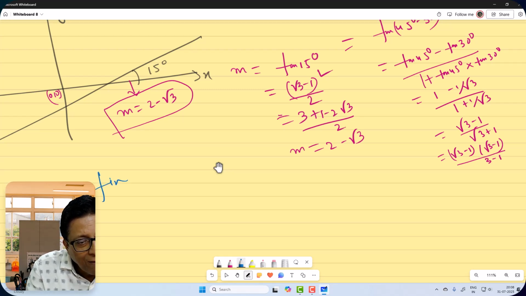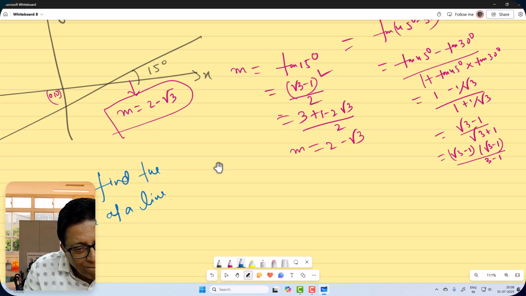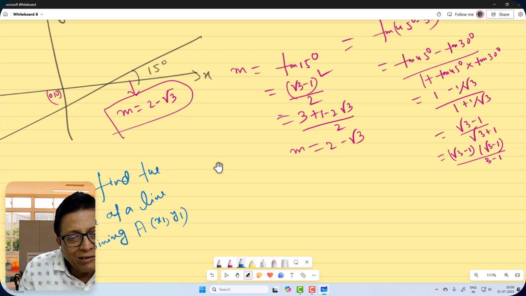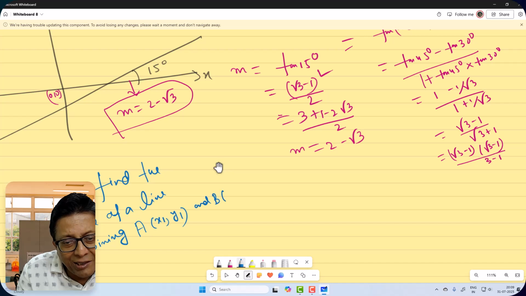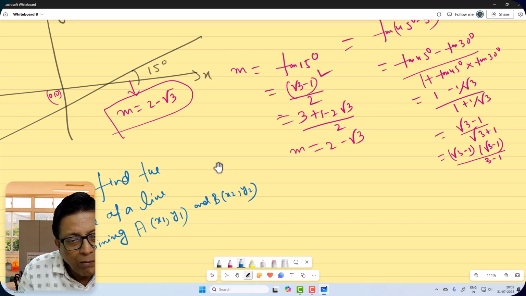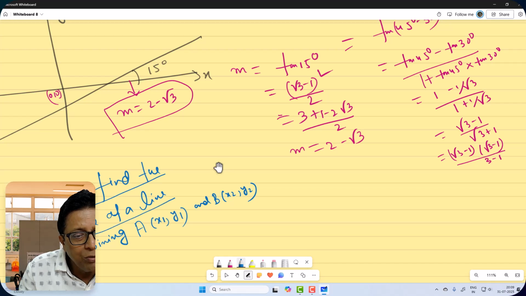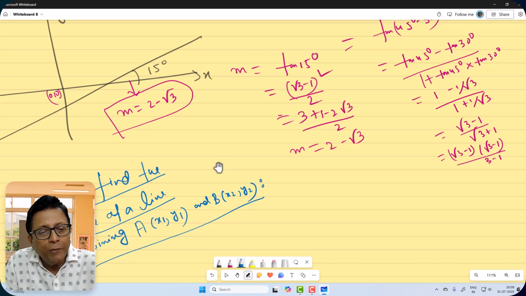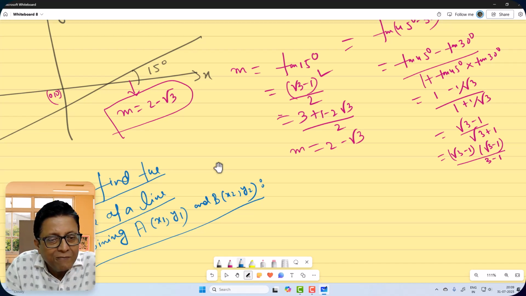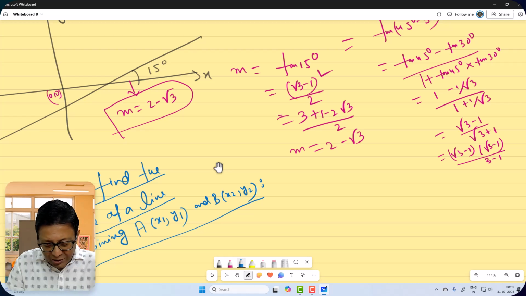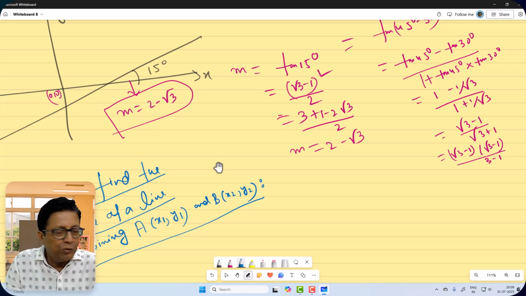To find the slope of a line joining two points A (x1, y1) and B (x2, y2). How to?